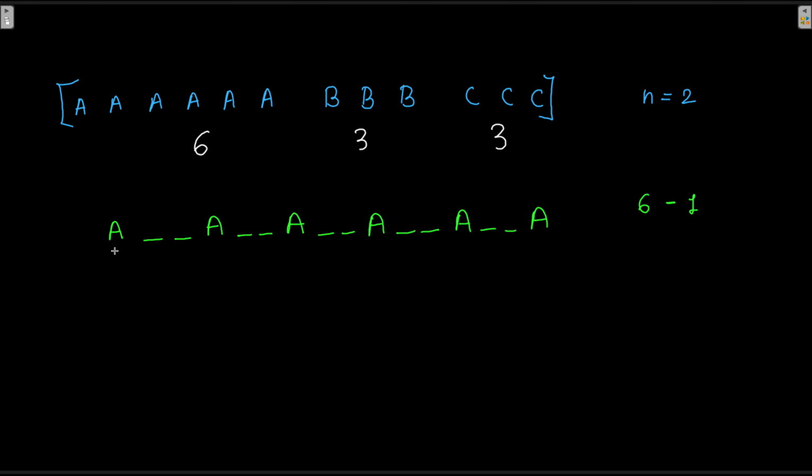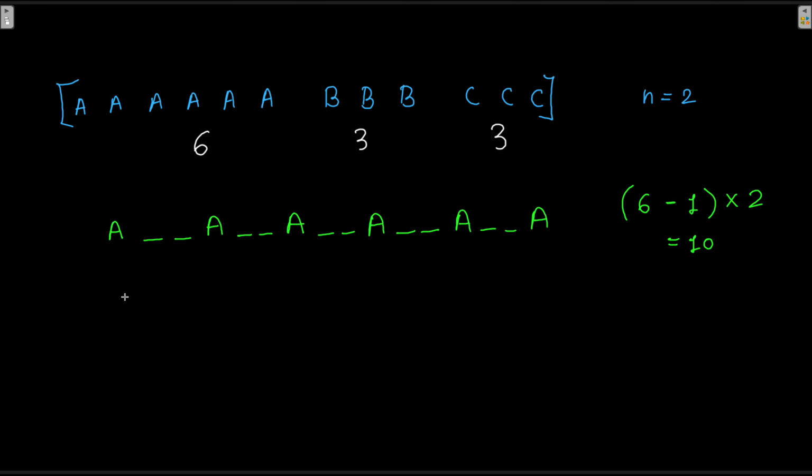Because we only care about the number that is in between these A's. If we did not have this minus 1, then we would probably be considering 2 more spaces here, which is not the case. So 6 minus 1, and that would be multiplied by n, that is 2. So it is 10. So we have at least 10 spaces between each consecutive A. That we know for sure.